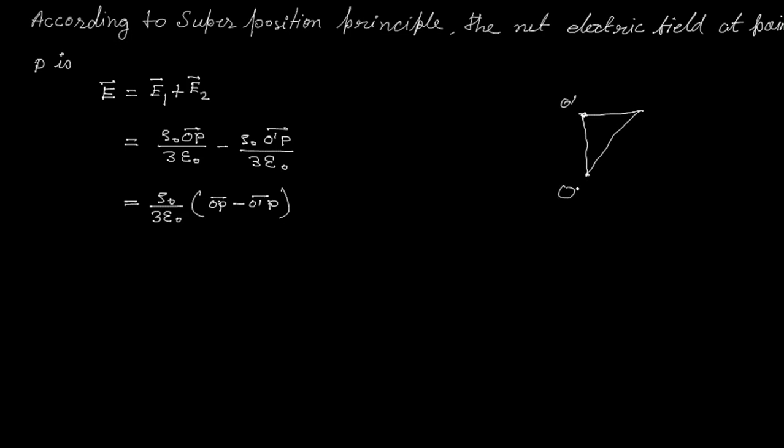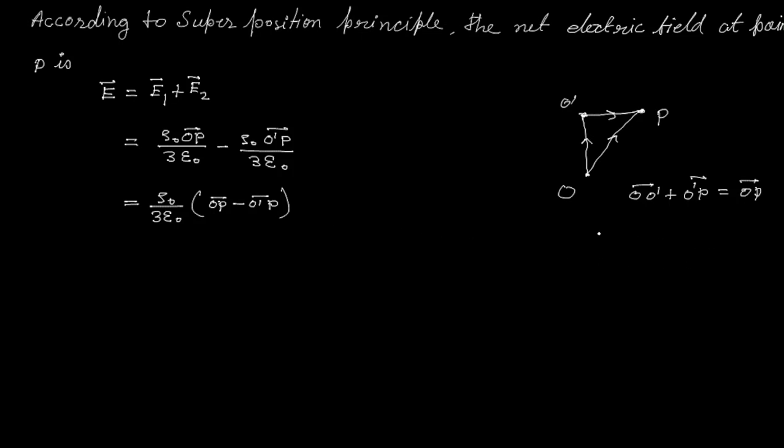We have the center of the charged sphere, that is O, and inside the cavity we have considered an arbitrary point P. So this is the OO dash vector, this is the O dash P vector, and this is the OP vector. So from this figure we can write OO dash plus O dash P is equal to OP vector.